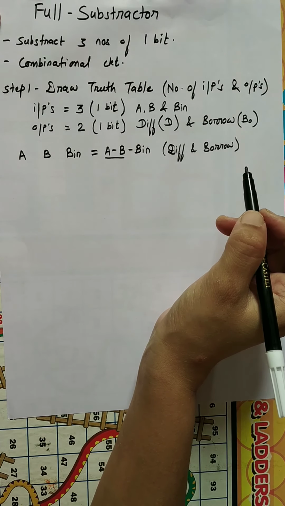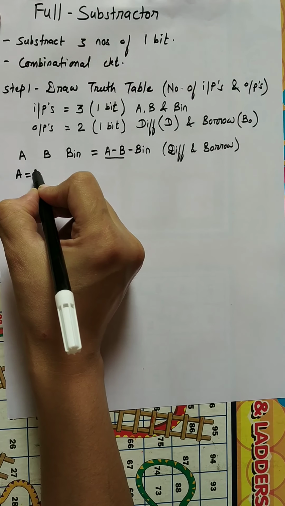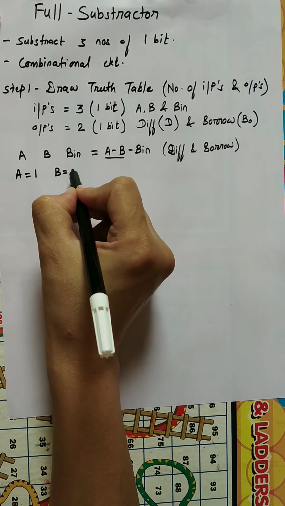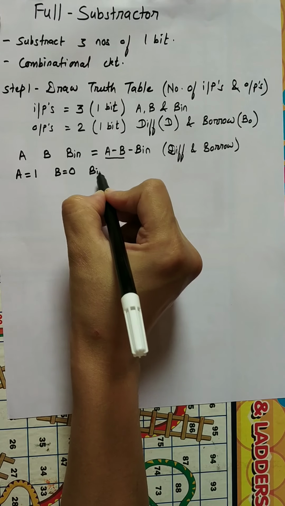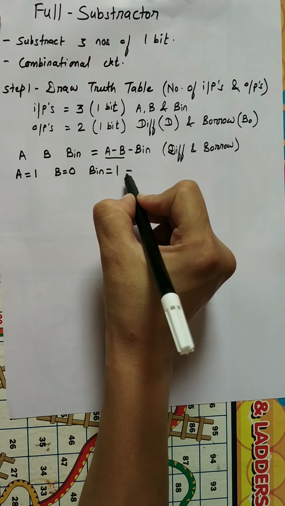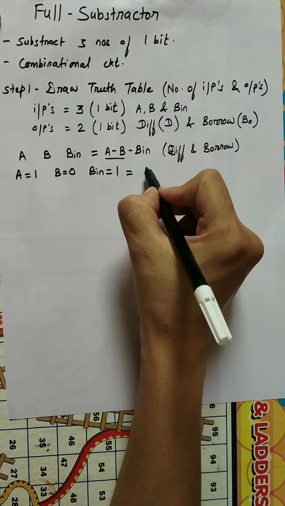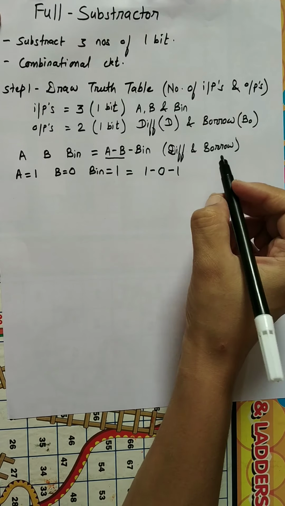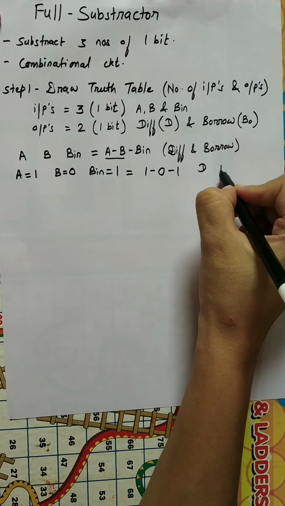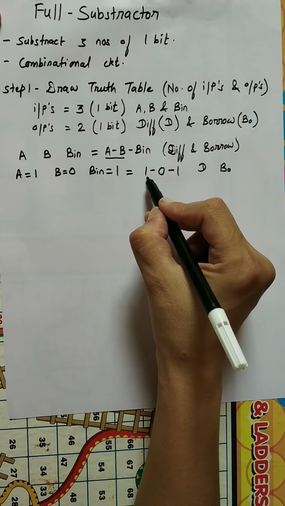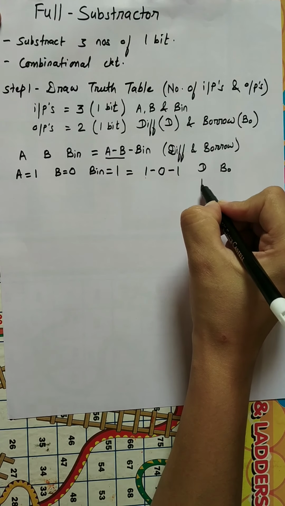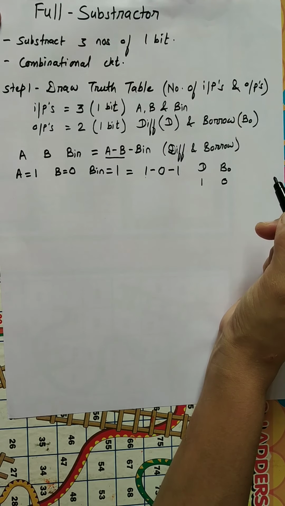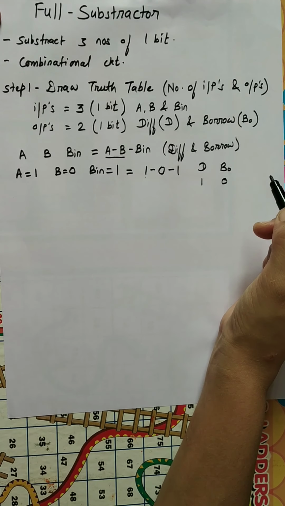For example, if A is 1, B is 0 and B in is 1, I put the values: 1 minus 0 minus 1. For 1 minus 0, difference will be 1 and borrow will be 0, as per the cases we already saw in the half subtractor.